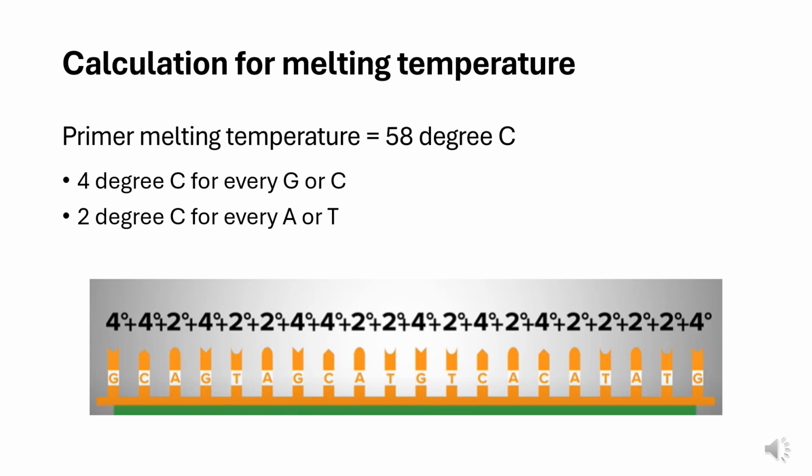For every G or C, you consider 4 degrees C, and for every A or T, you consider 2 degrees C, then the overall primer melting temperature will be 58 degrees centigrade.